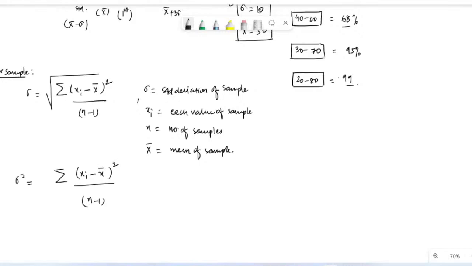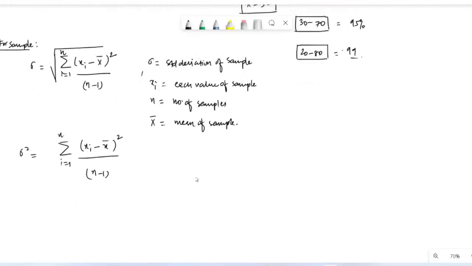Again, sum of all the samples, we calculate it for i equals 1 to n, and that's how it works. Alright, that's all about our standard deviation part.